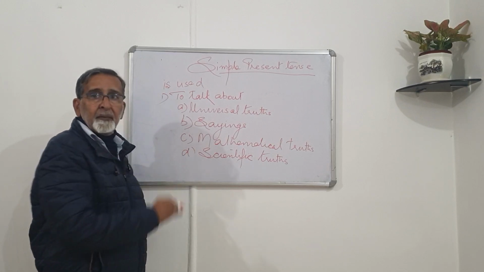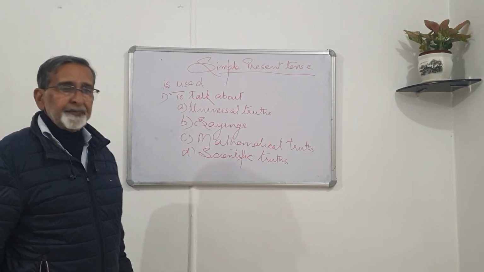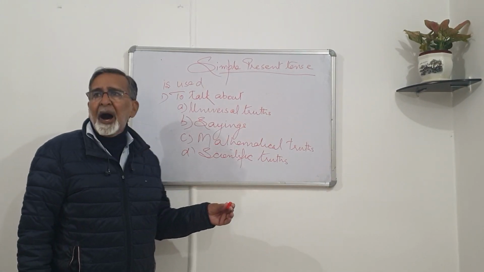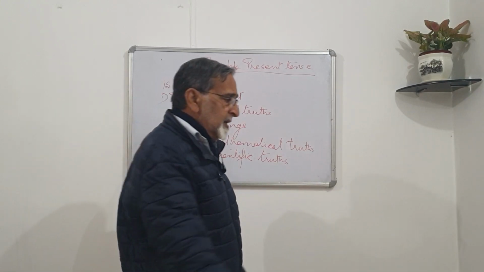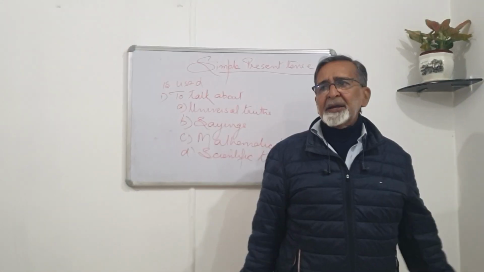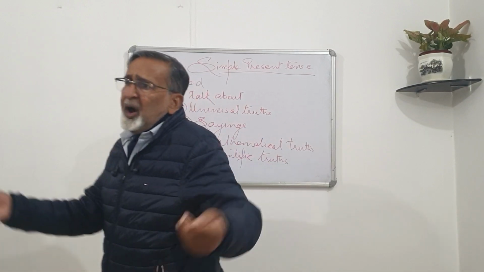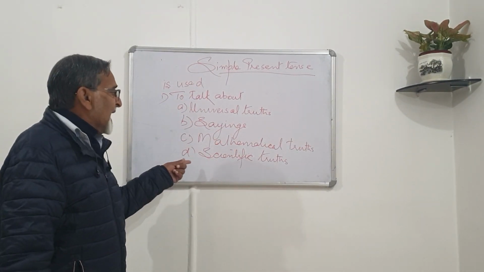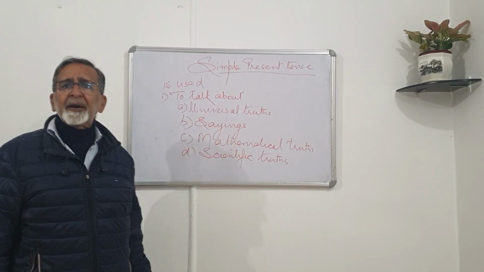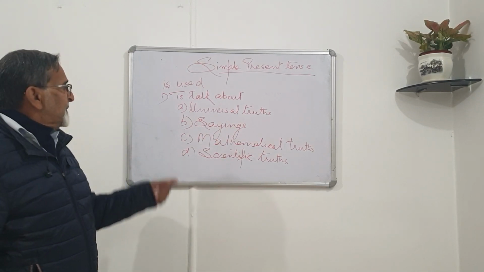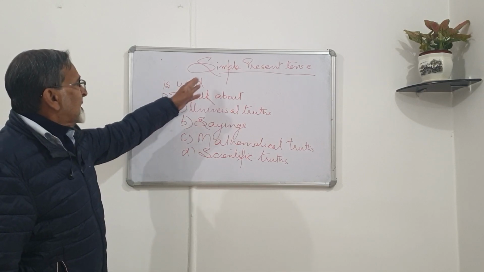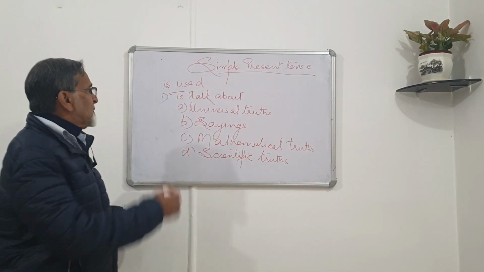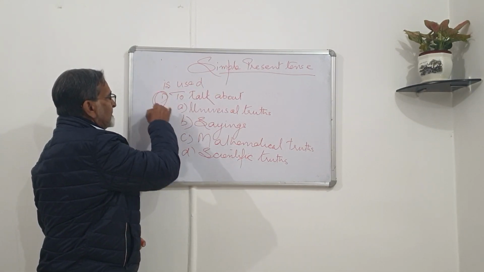Now, mathematical truths are the sum of a triangle is equal to 360 degrees, or it will always remain the same. So that's a mathematical truth. Scientific truth, water boils at 100 degrees Celsius. These are some examples. So this simple present tense is used number one.